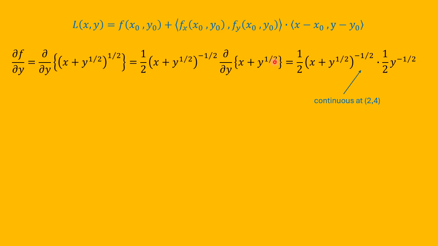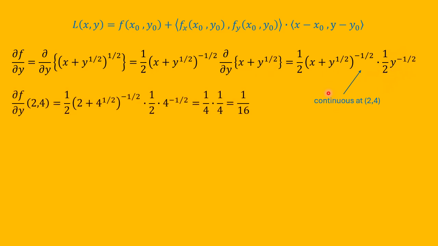So this stuff right here equals this first factor, times this derivative, which is 1/2 y to the minus 1/2. So then, substituting in x equals 2 and y equals 4 into this formula right here, we get 1/2 (2 plus 4 to the half) raised to the minus 1/2 times 1/2 times 4 to the minus 1/2.